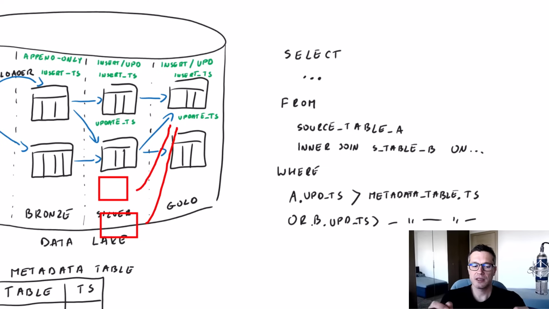So it's up to you to decide which source tables should drive a new row or an update in your data. Usually it's just a subset of tables, maybe one or two main tables that if something changes in them, you've got to include them. But that's depending on your specific case.